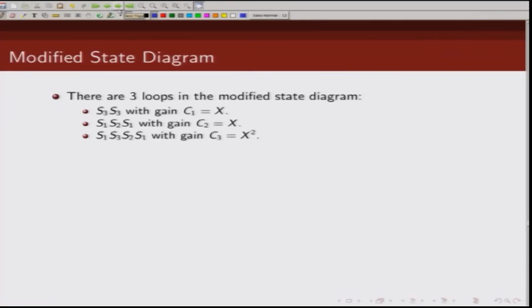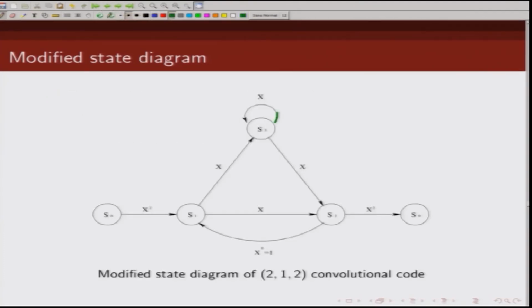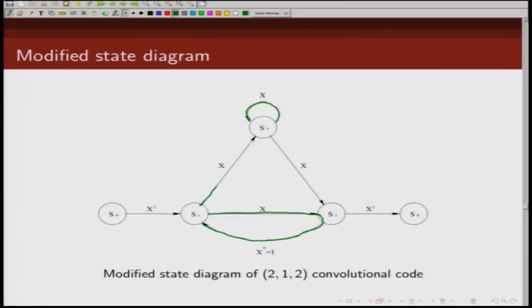One is a self loop around this state S3. You can see there is one loop, right. There is another loop, right, and then there is another loop.